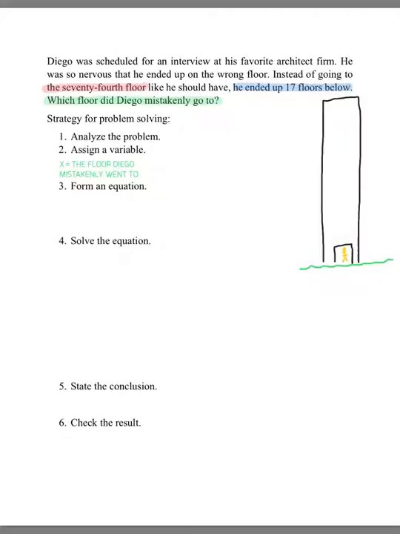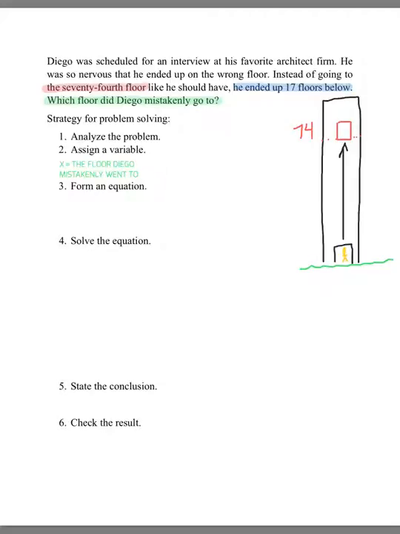Now the elevator is going to go up, and he's supposed to go to the 74th floor. So this is where he's supposed to be at. That's where he wanted to go for his interview. However, he ended up 17 floors below that.